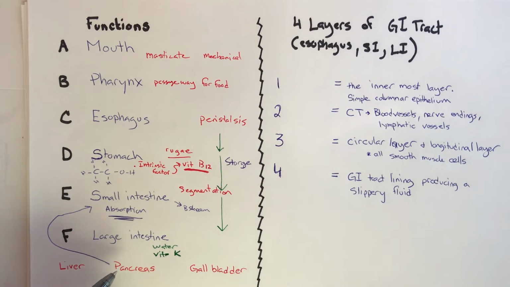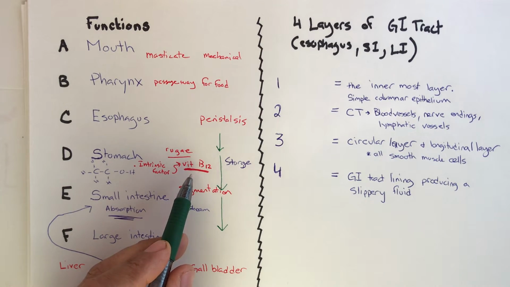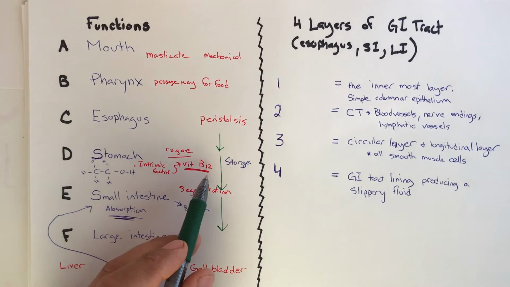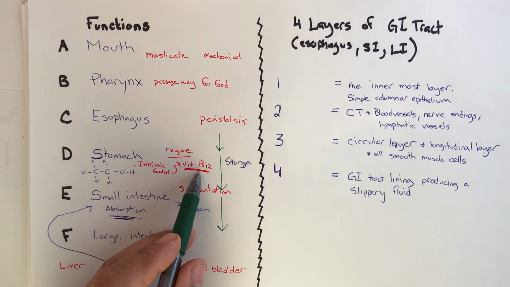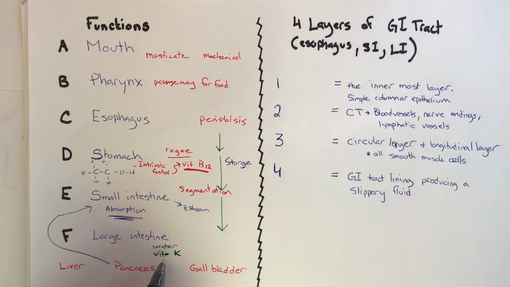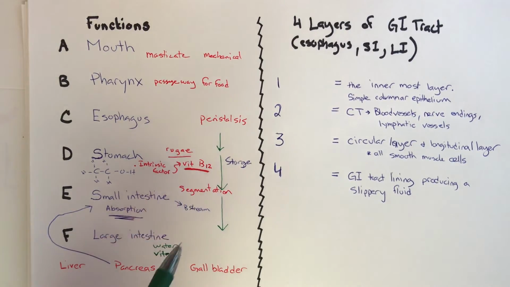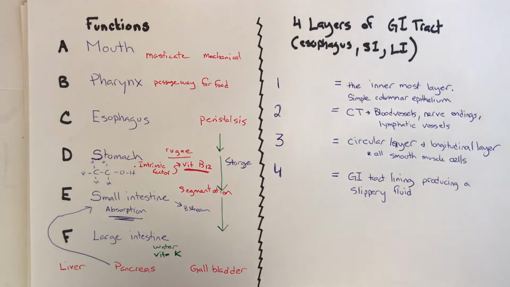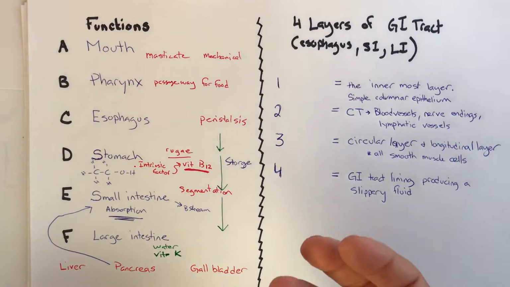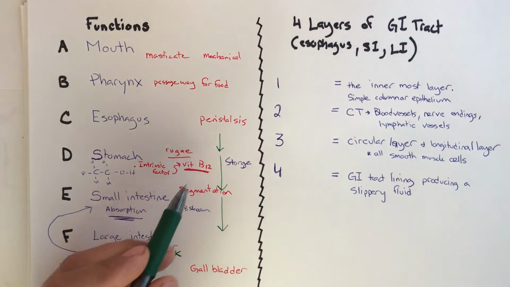The large intestine actually, do you remember when I told you that we don't actually make vitamin B12, we can't get it through any food source except for animals? Actually, to be honest, we do make it at the very end of the large intestine, but it's past where we can absorb. We can't gain this vitamin from it.